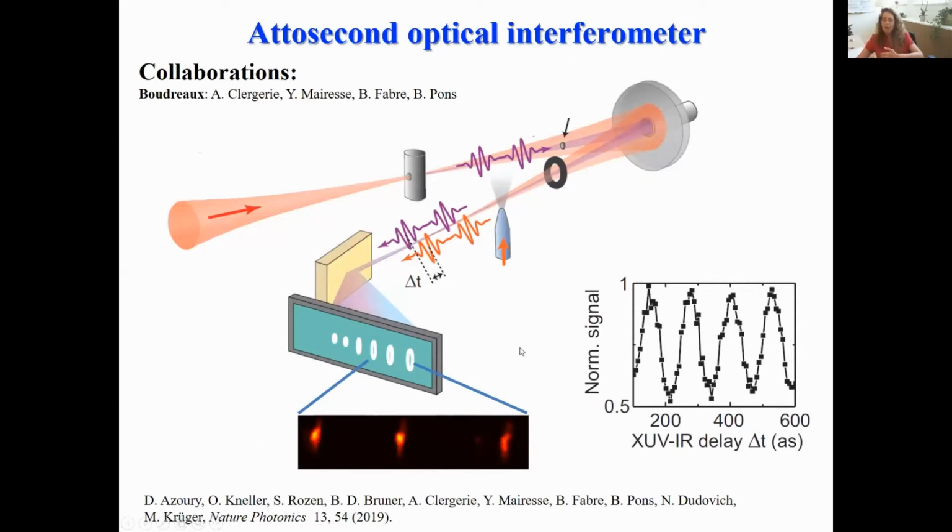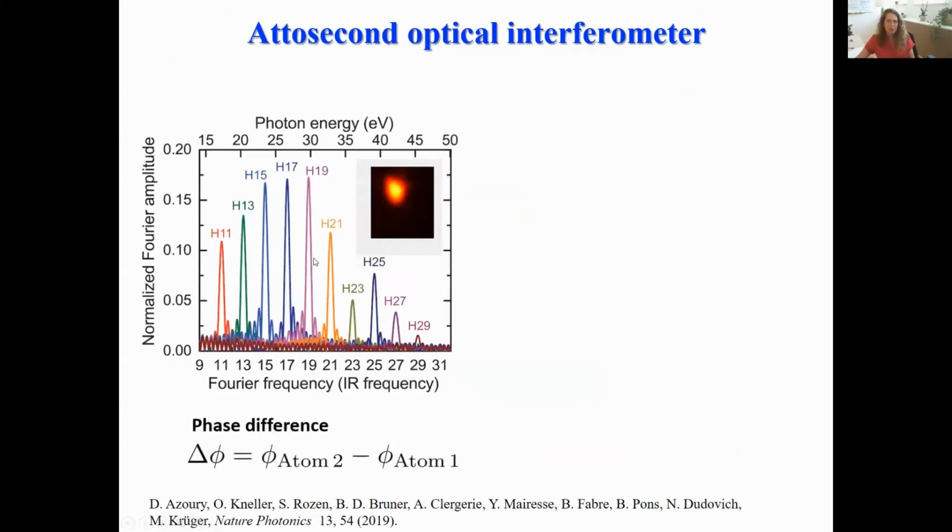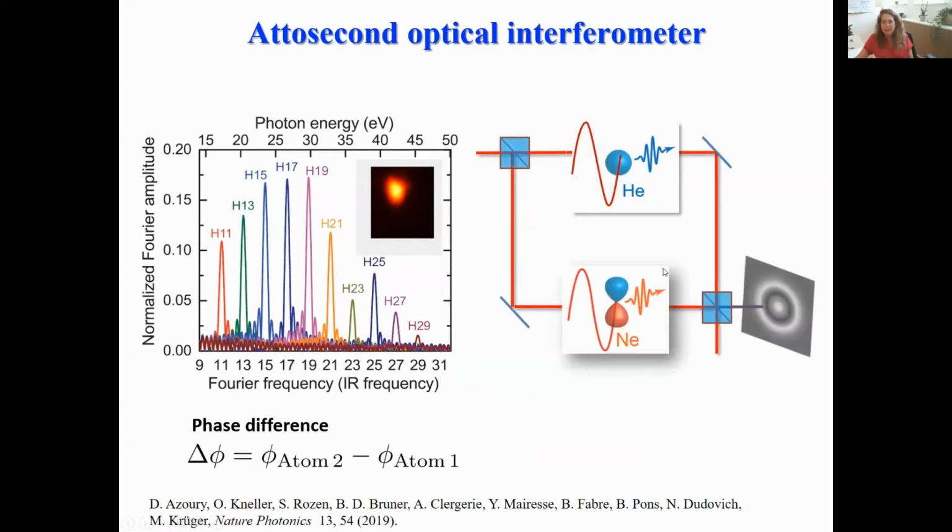So now we have an attosecond interferometer, which enables us to extract for each harmonic number both its amplitude, but most importantly, the phase information, which cannot be directly obtained. And we have started by looking at the interference between two really simple systems, helium and neon, and here helium can serve as a reference frame, providing a relatively flat spectral phase.